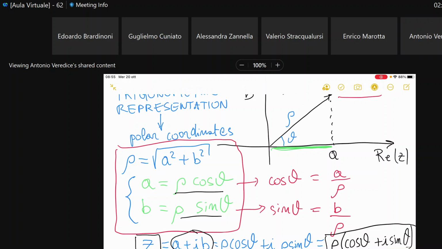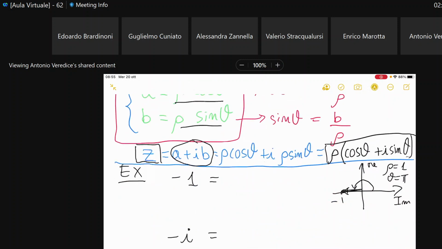Are you okay with this? I hope it's clear, even if I wrote it after the other form. Have you got questions on this point?